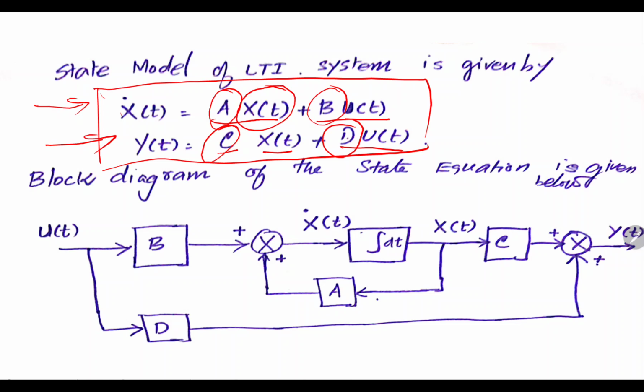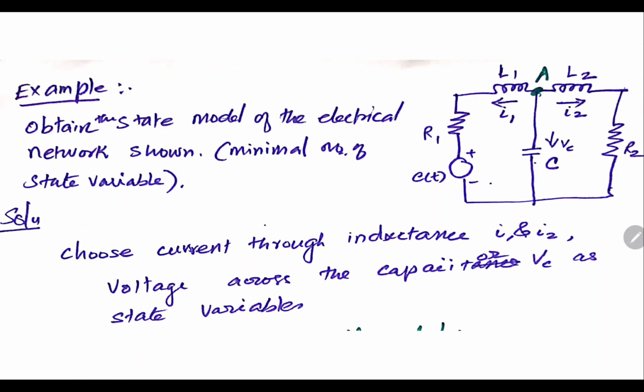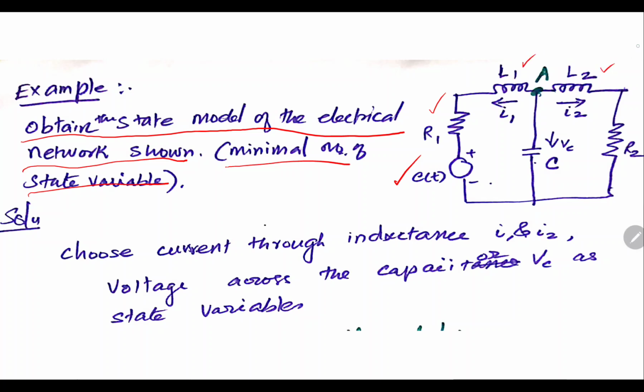Now, using these state equations, we are going to solve a problem. The problem statement is: obtain the state model of the electrical network shown using a minimal number of state variables. So here we have an electrical network which consists of a source, a resistor, an inductor, another inductor L2, a capacitor and a resistor.